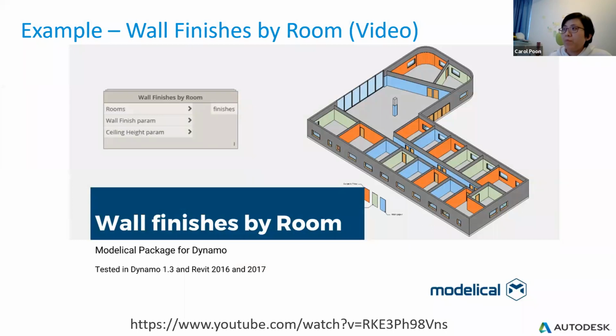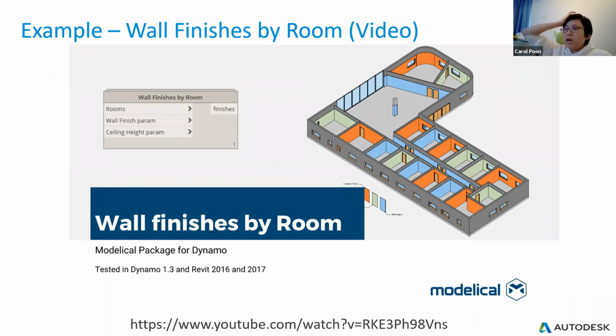The other example of dealing with repetitive tasks is wall finish by room. Just imagine I have created this building, and this is one of the floors inside the project.